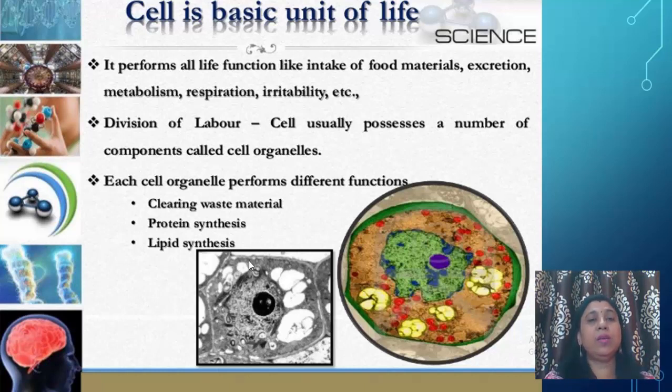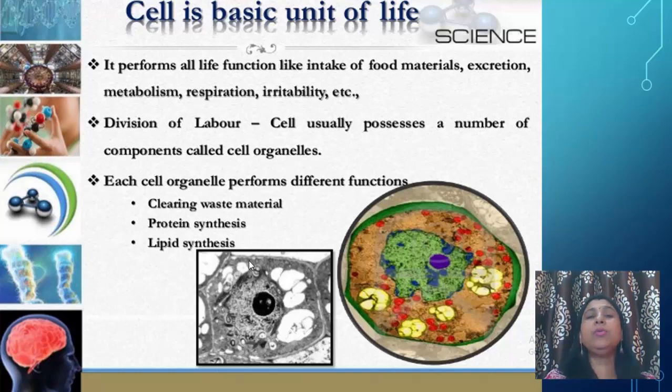The cells which are similar in function come together to form a group which is known as tissue. That is, division of labor is there. But within the cell also there is a division of labor.